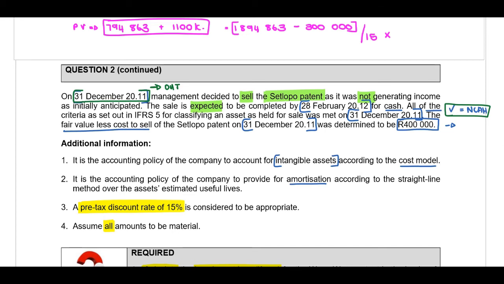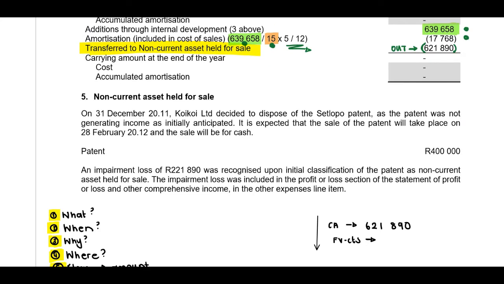It will be 400,000. Now, identify here, guys, there will be an impairment of 221,890. Look at your steps. Step 1, identify the carrying amount. Step 2, fair value less cost to sell.